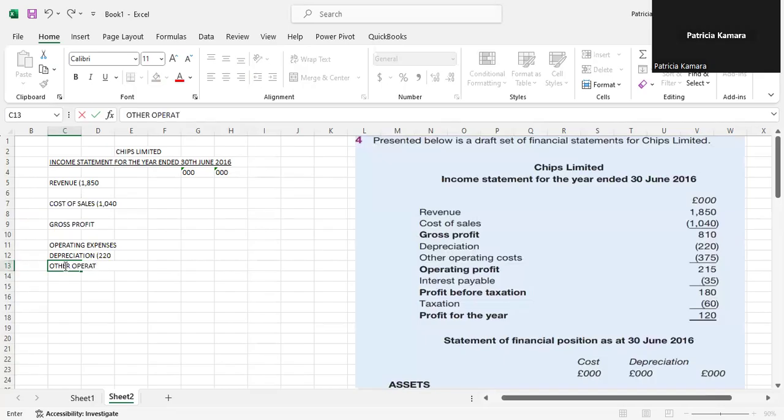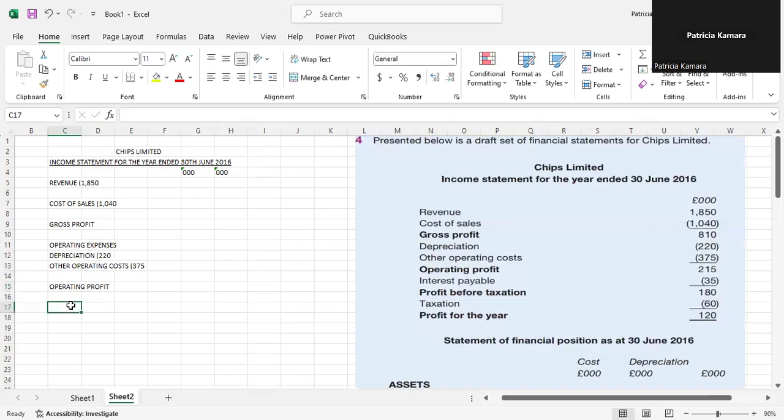These are costs that have not been given specific headings as far as the question is concerned. The other operating cost has been given as 375. So when we deduct our operating expenses from our gross profit, we arrive at operating profit. Sometimes it's referred to as profit before interest and tax. Our operating profit is also a calculated figure, so we will leave it at that.